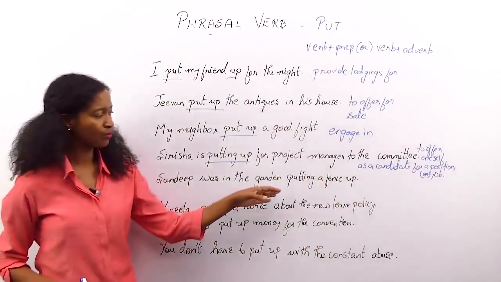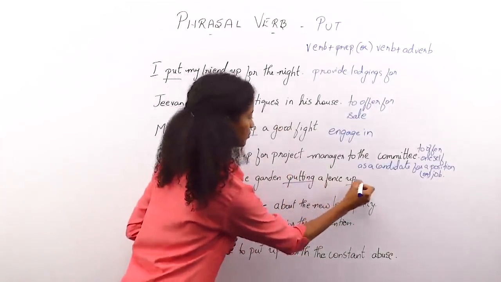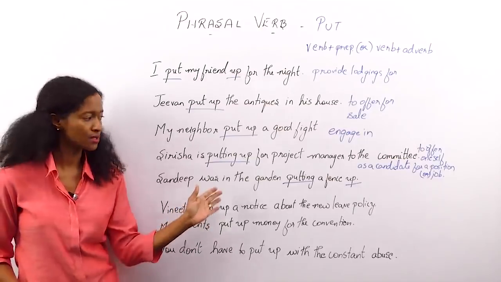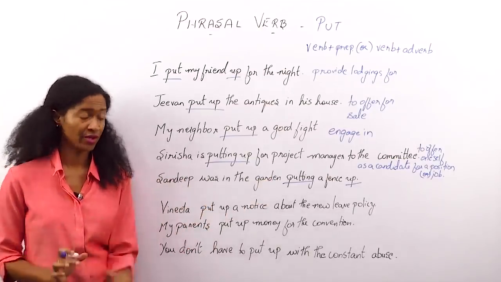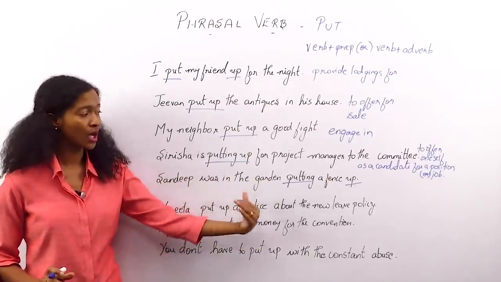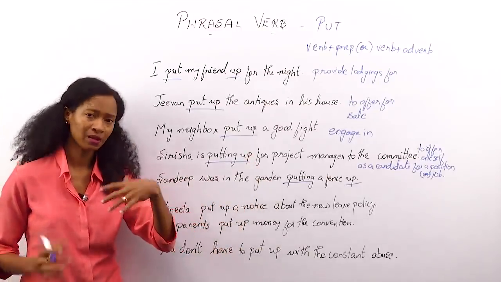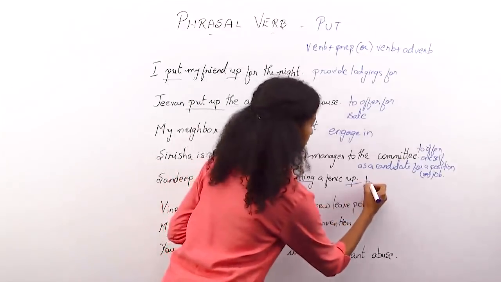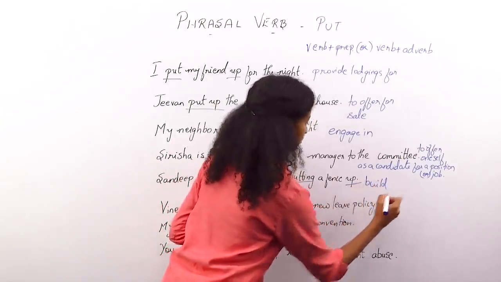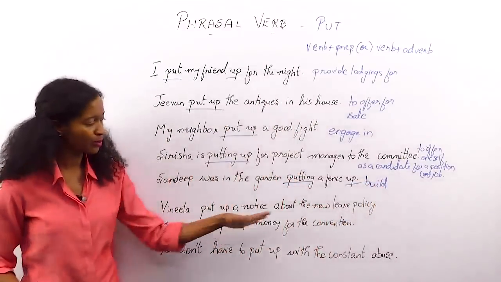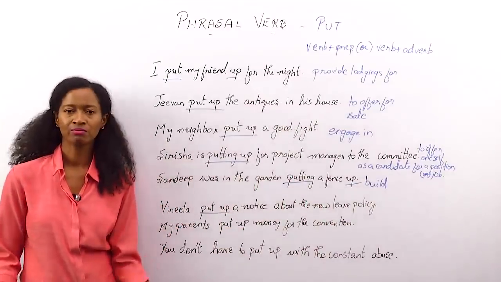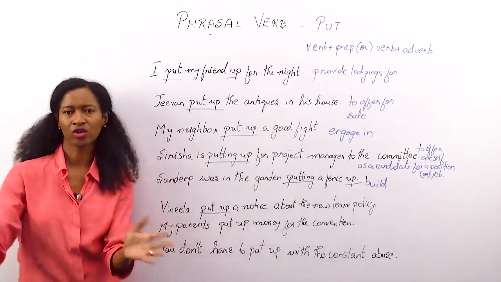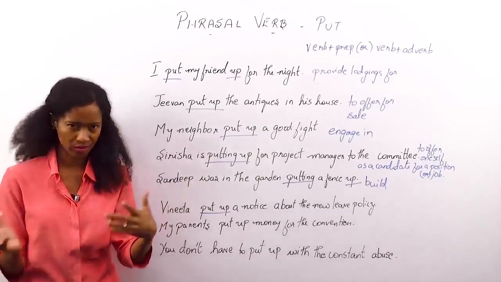Sandeep was in the garden putting a fence up. Again, in this context, a fence is the object, separating the phrasal verb putting up. So Sandeep was in the garden putting a fence up, meaning building. Vinita put up a notice about the new leave policy. Basically, she just fixed the notice upright on the wall or on the notice board, right?